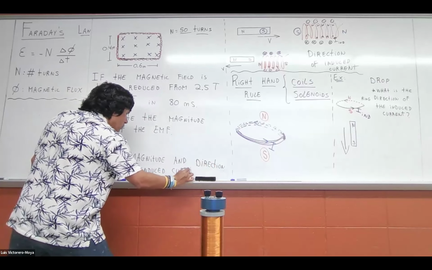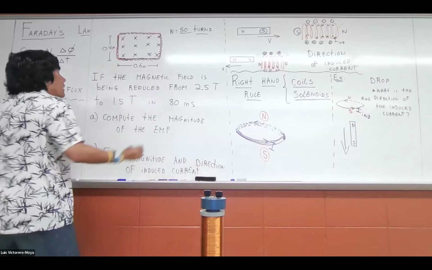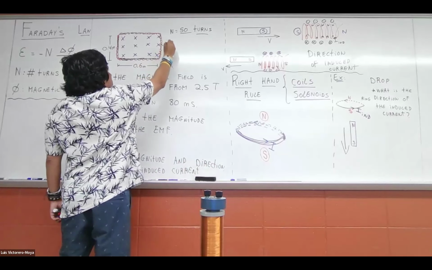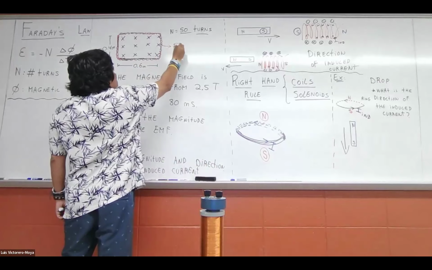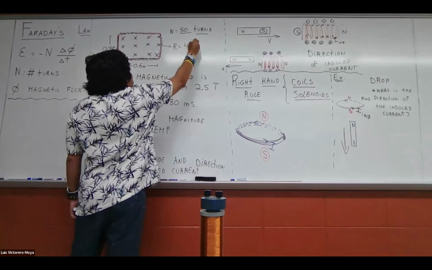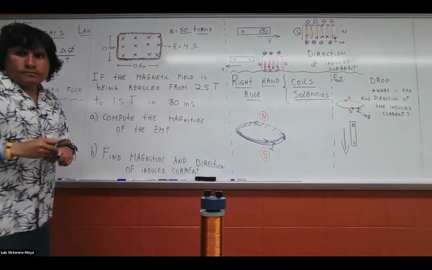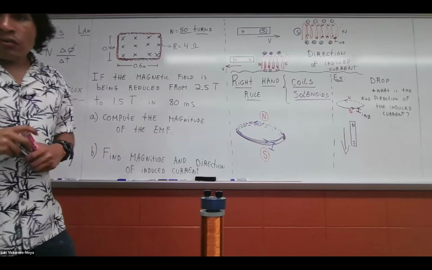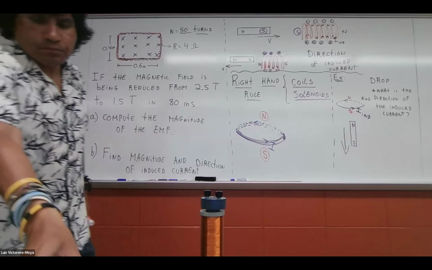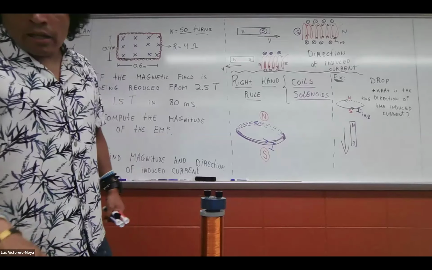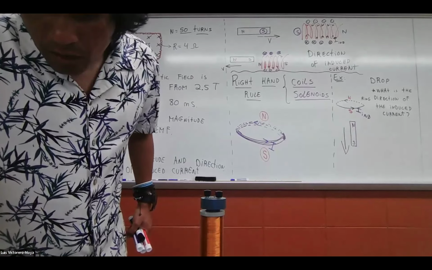The only piece of information you need is that this wire has a resistance of 4 ohms. Okay, so you can see the question there. Now let's solve it.